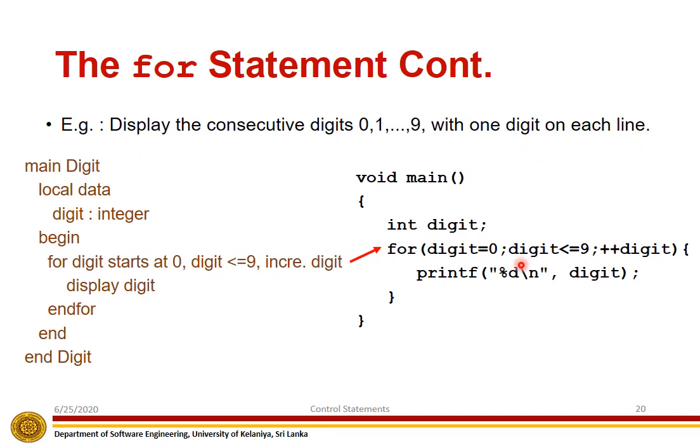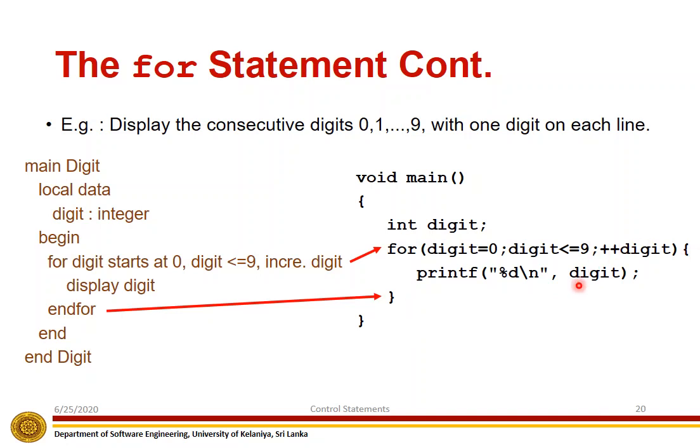Then the loop condition, it must be satisfied until digit is less than or equal to 9. Then the increment operator, plus plus digit, and the statement. And then for the ending I have used curly braces.